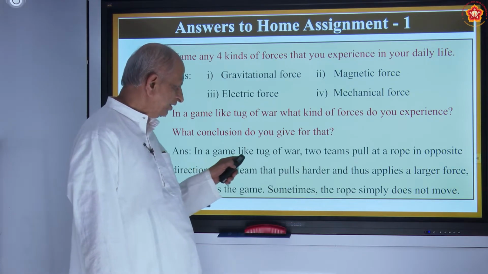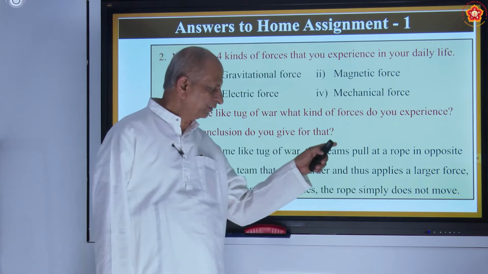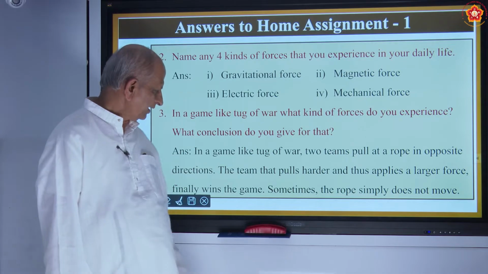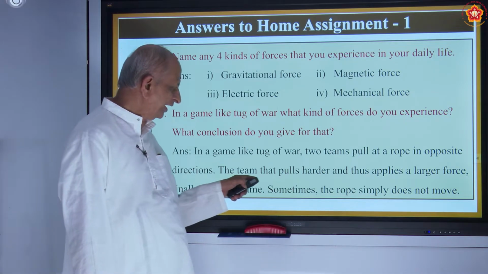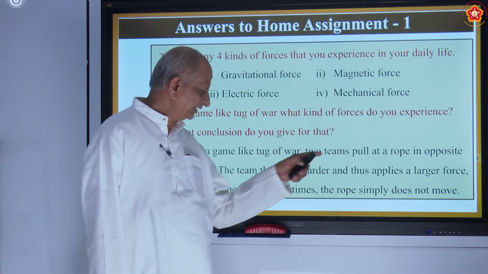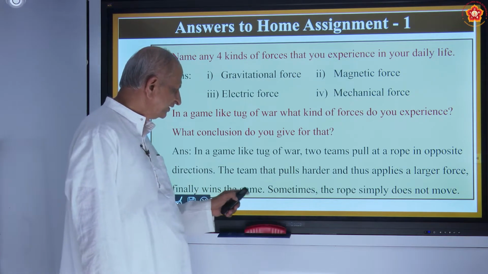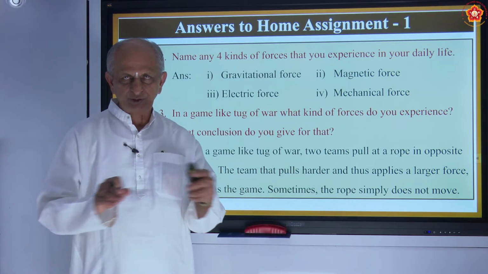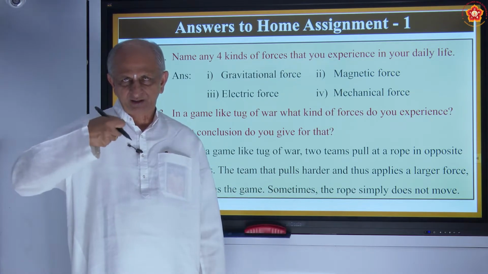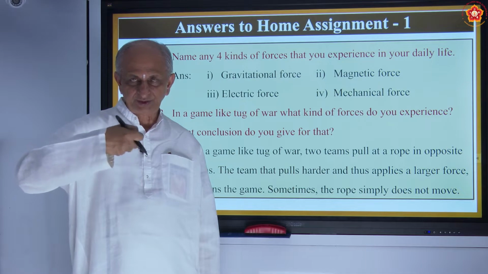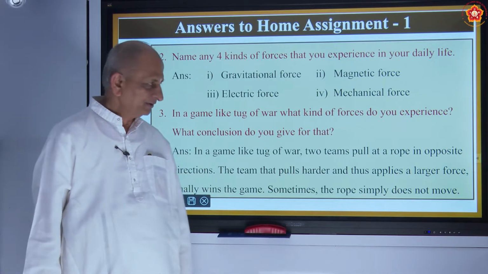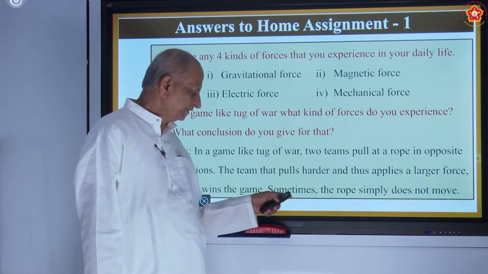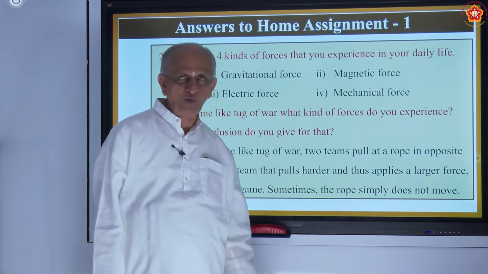So, in a game of tug of war, 2 teams pull a rope in opposite direction. And here what happens? The team that pulls harder and thus applies a larger force finally wins the game. First case, between the 2 teams, the team which is very strong pulls it very hard and they will be called winners. Sometimes the rope simply does not move.